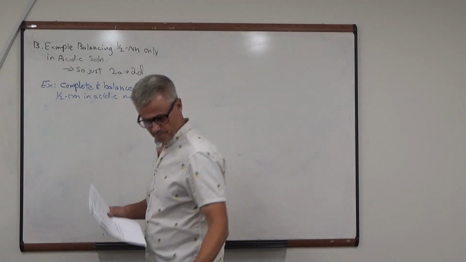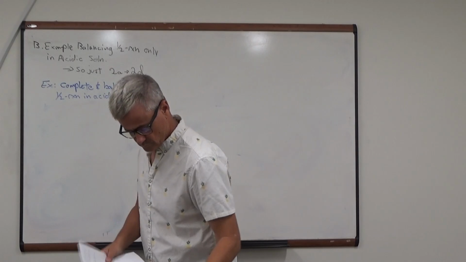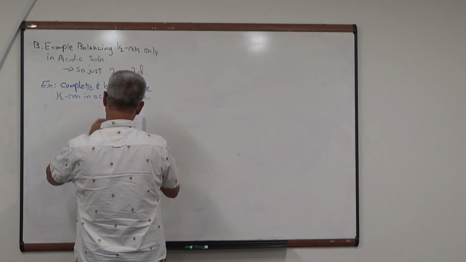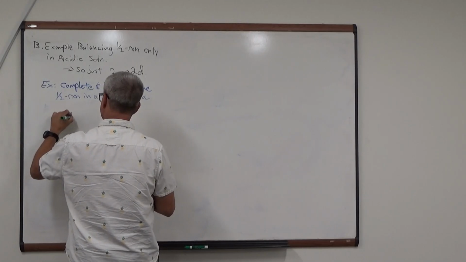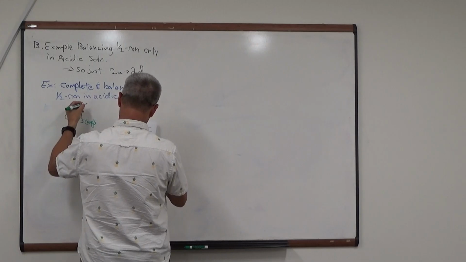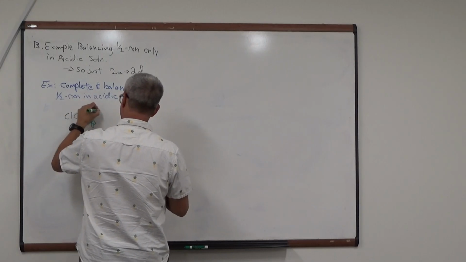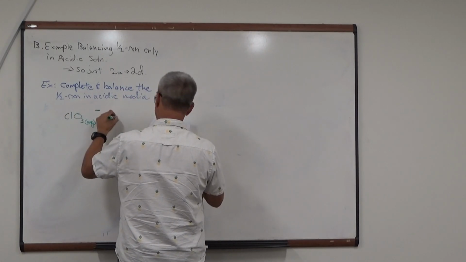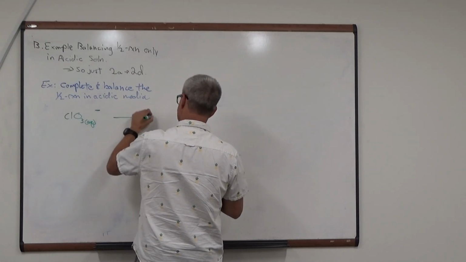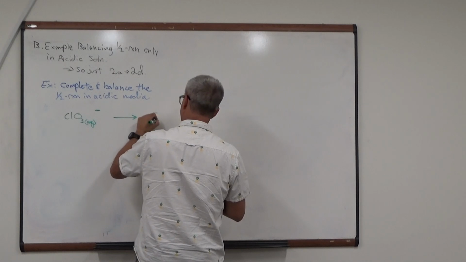All right, so we have ClO3 minus goes to Cl minus.